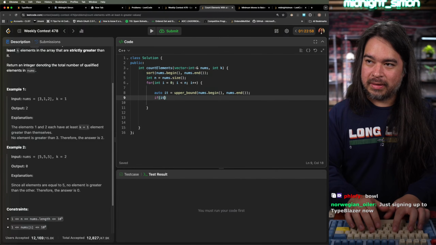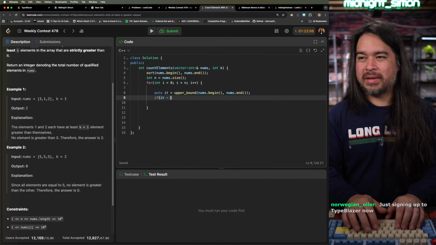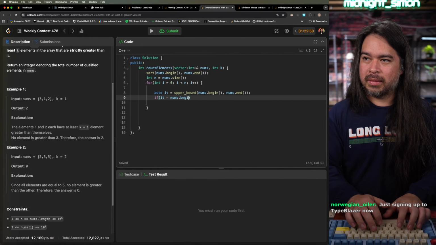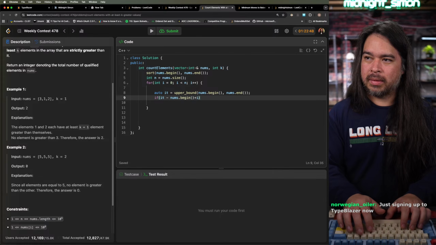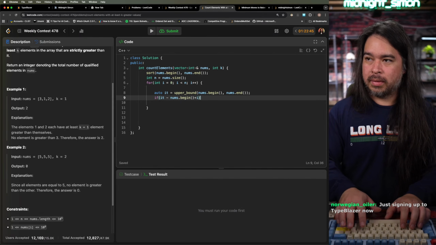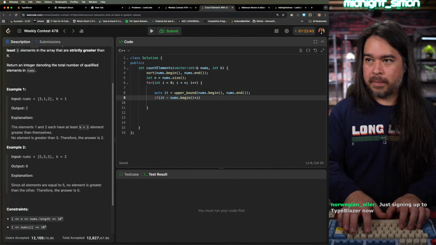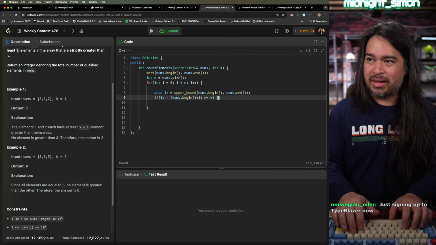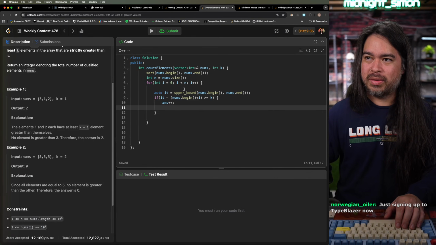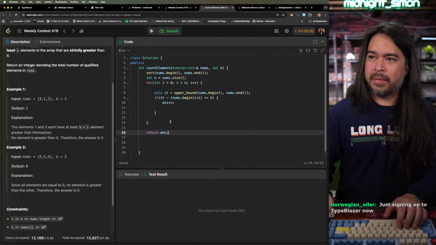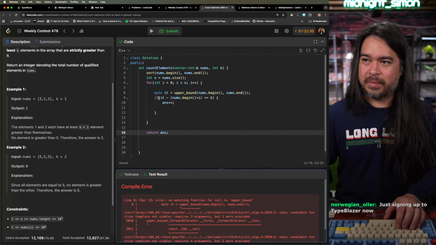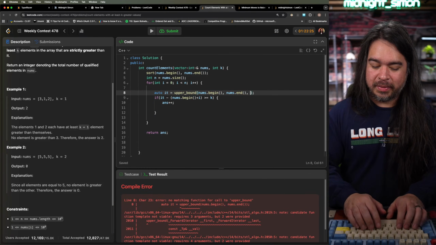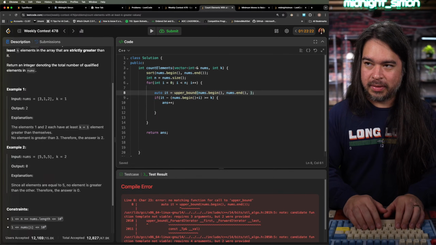So if it minus i, so if this is greater than or equal to k, then this is a good one or something. I don't know if that's true. Oh, I gotta find the target. What's the target? Target is itself.